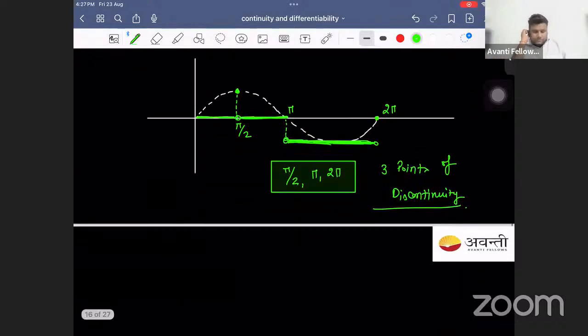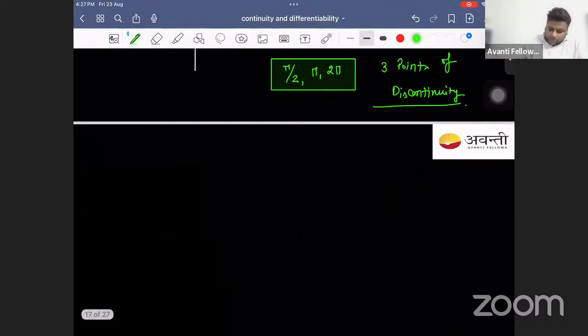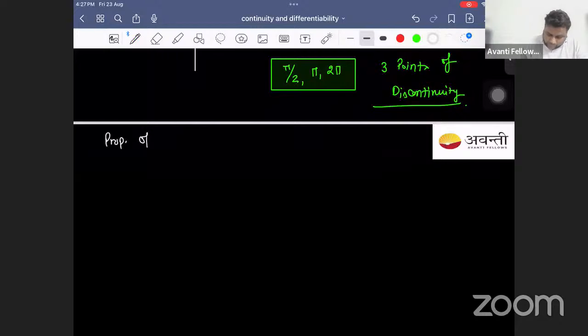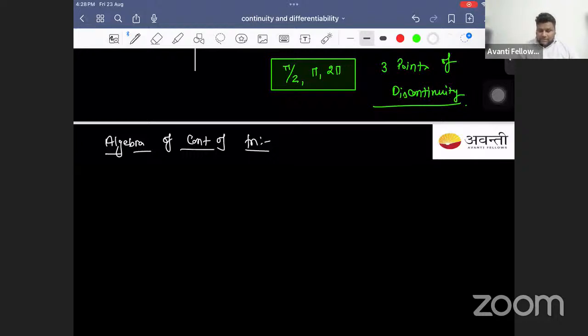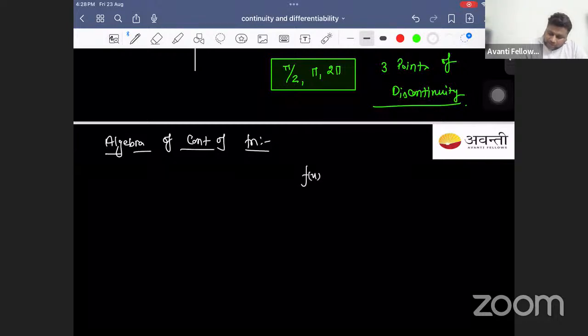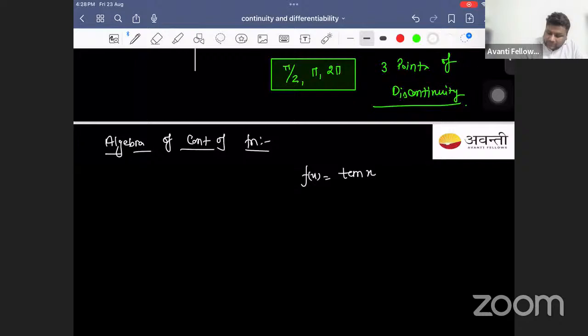Now, some properties of continuity. Or I should not call them properties. This is basically the algebra of continuity of a function. Okay, one thing. If I talk about f(x) equals tan x, now I give you options.